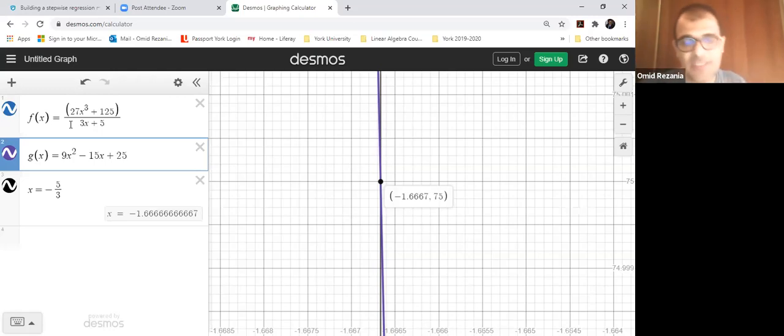That point is very easy to find: 3x plus 5 equals 0, then x has to be minus 5 divided by 3, which causes a collapse of the function. You remove it from the domain of the function. It means that this function is defined everywhere except at the point minus 5 divided by 3.